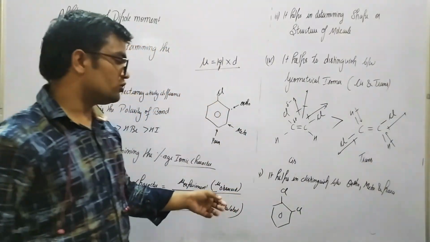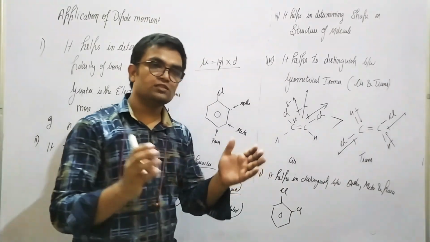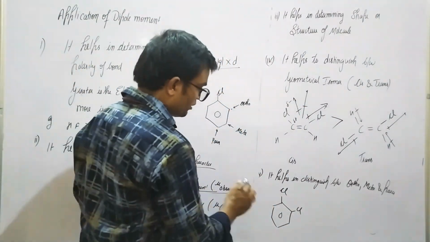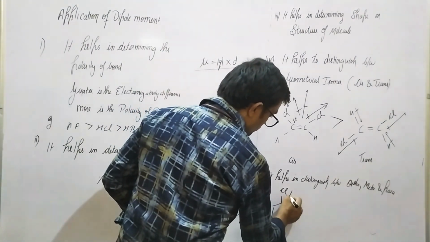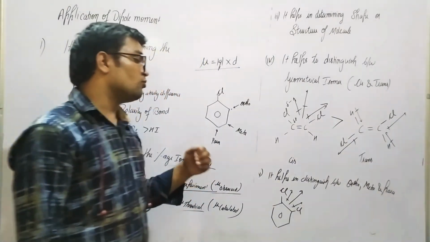Hence, if this is the molecule, the name of this molecule is orthodichlorobenzene. Ortho means both the chlorines are adjacent to each other. Orthodichlorobenzene comes out to have the highest dipole moment.